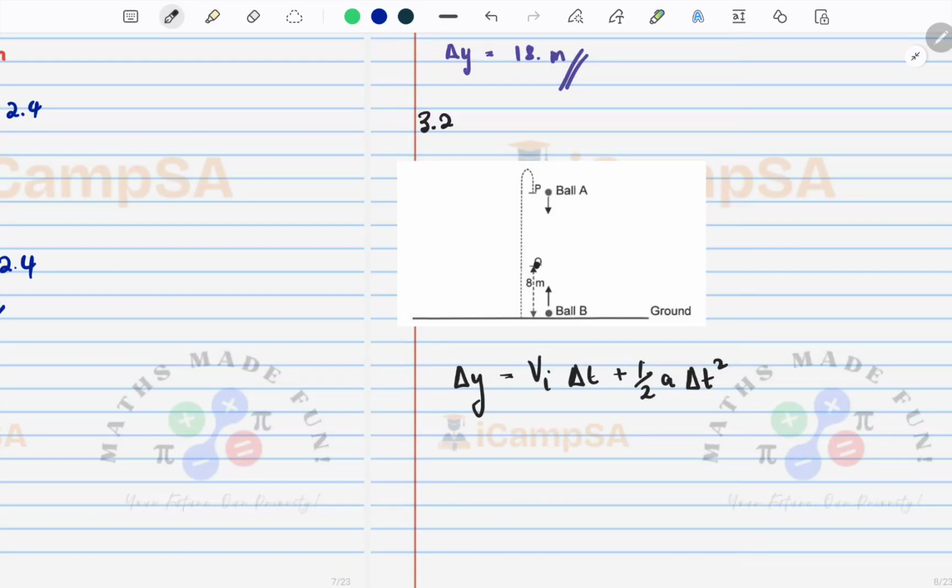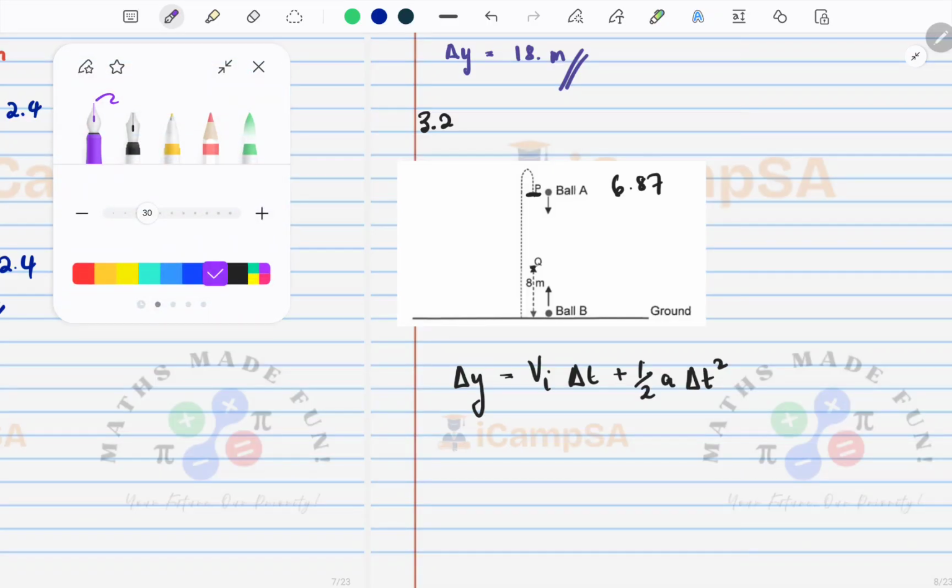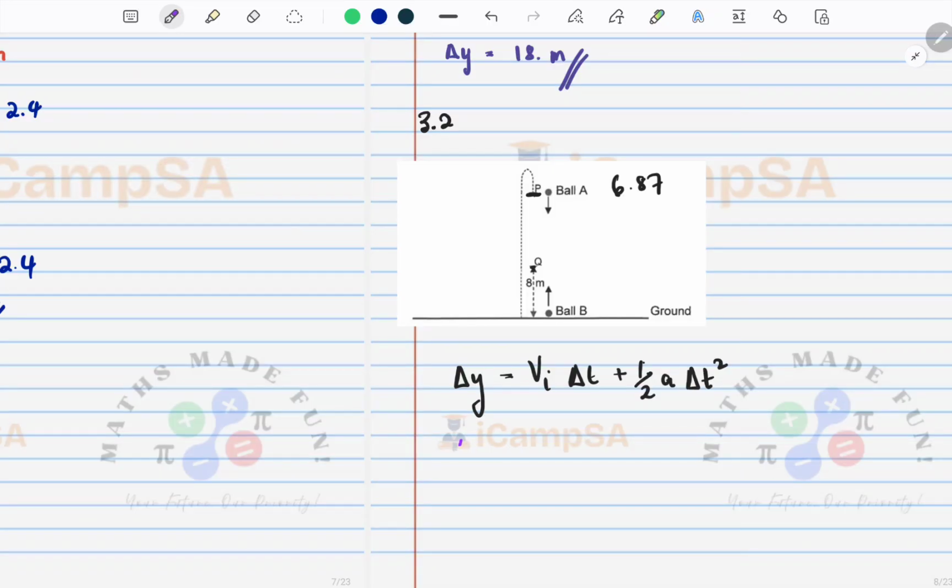What we need to use then is the velocity of ball A when it was here. It was 6.87, and then we can calculate the time. So we do it like so: minus 8 equals your VI, which is minus 6.87, delta t, plus 1 over 2 times minus 9.8 times delta t squared.